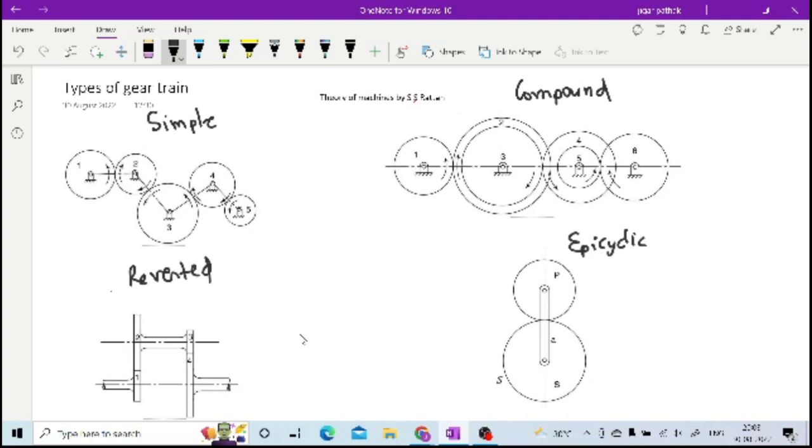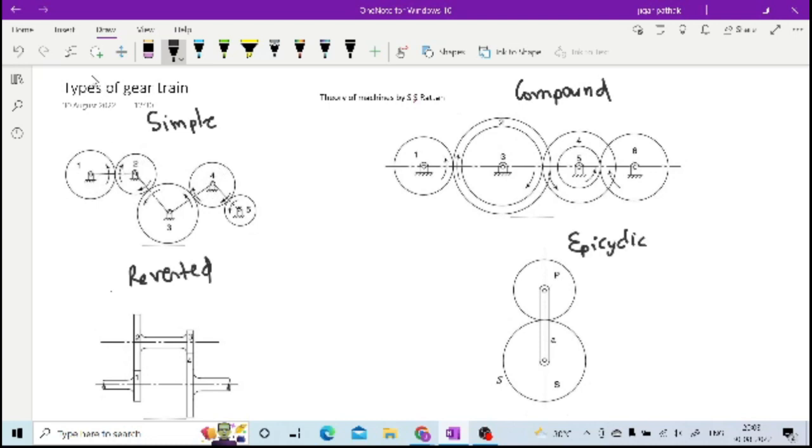Now if you see these different types of gear train, these gear trains are used to transmit power, right? Sometimes it is not possible to have the distance within the vicinity. So in order to have some distance, you have to provide intermediate shafts for transmitting power from one shaft to another shaft. Here in the first case, it is transmitting power from shaft 1 to shaft 5.